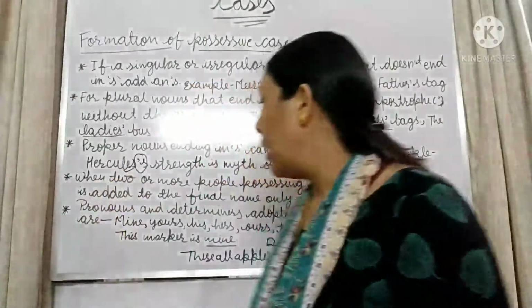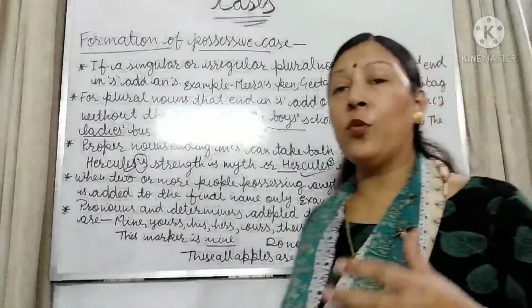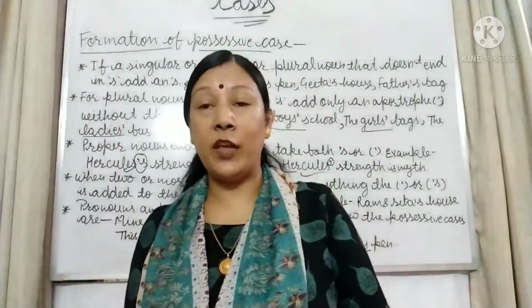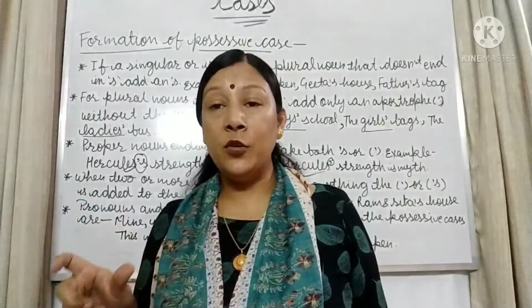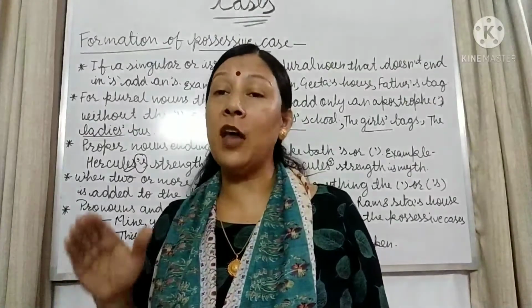Both will be correct. Next, when two or more people possess something, that is, two or more people are the owners of something, we will use apostrophe s or an apostrophe at the last one.